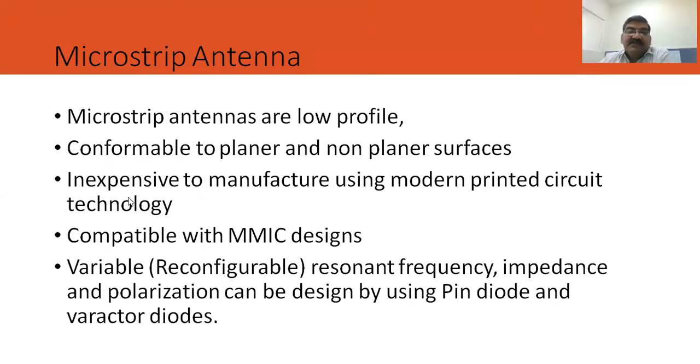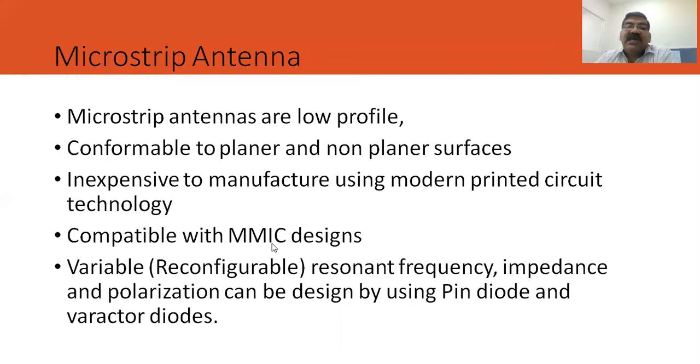Then inexpensive to manufacture. Now printed circuit board technology, PCB manufacturing. So it is the same as PCB manufacturing. If you use a different material, then the epsilon property, that is the dielectric constant, can be varied. Then another important thing is it is compatible with MMIC technology.